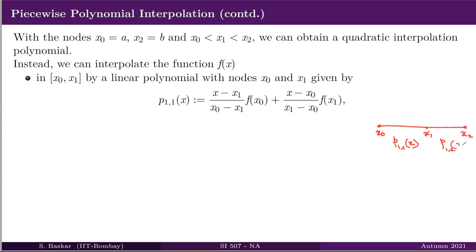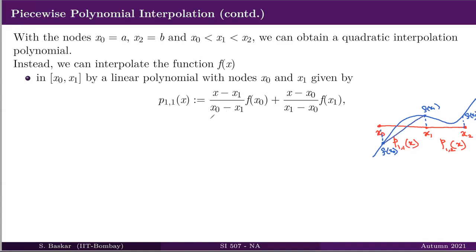P12 of x, right? Let the function values be like this: f of x0, f of x1, and f of x2. Now you just need to write the first order interpolating polynomial in the interval x0 to x1, which is nothing but the line joining these 2 points, right?